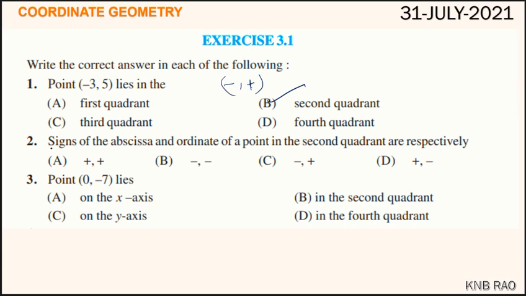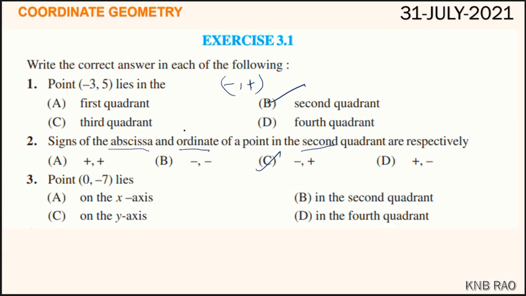Then the second question: signs of the abscissa and ordinate of a point in the second quadrant respectively. This is the reverse of question 1. Second quadrant is clearly mentioned, so minus comma plus. Very important: abscissa and ordinate.